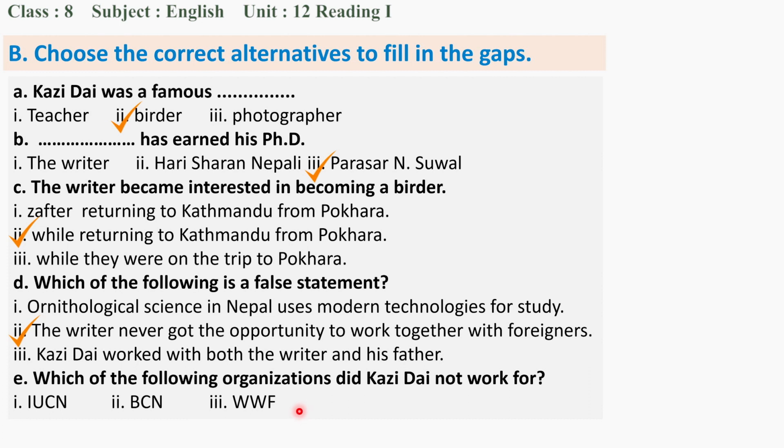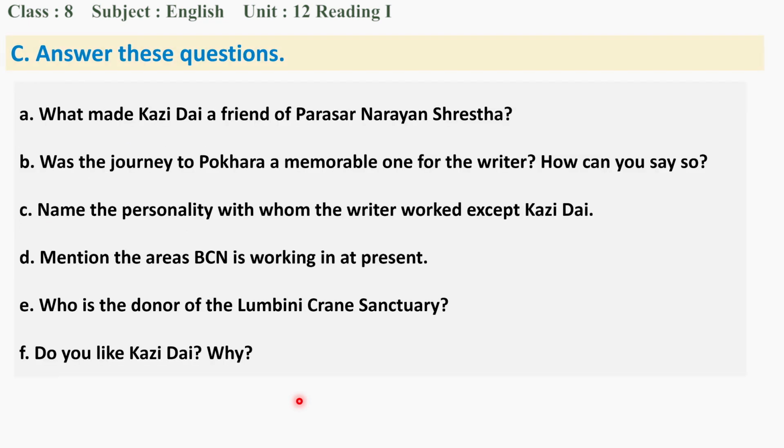And yes, the right answer for this is, he did not work in WWF, right? Good. After this, now is the time to look at some comprehension exercises based on the reading text. Yes, my dear students, let us have a look at the questions given in exercise C and discuss the answers of these questions.